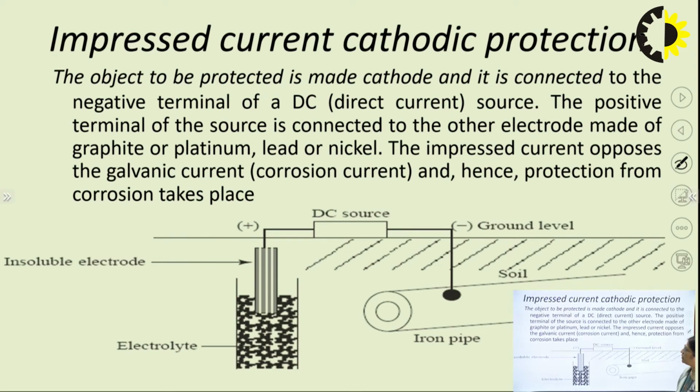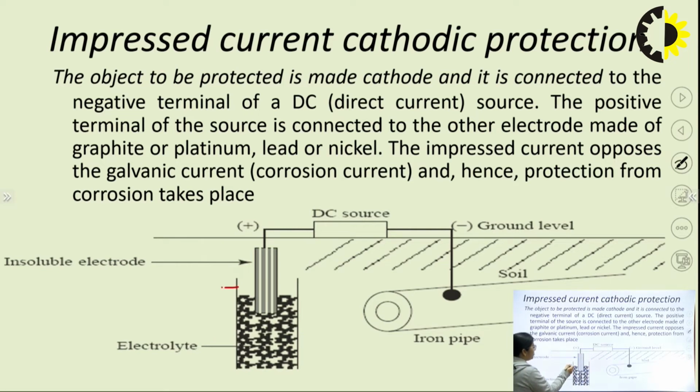The second method of cathodic protection is impressed current cathodic protection. What we do in this case, we connect our metal which is to be protected through a DC source to another insoluble electrode.